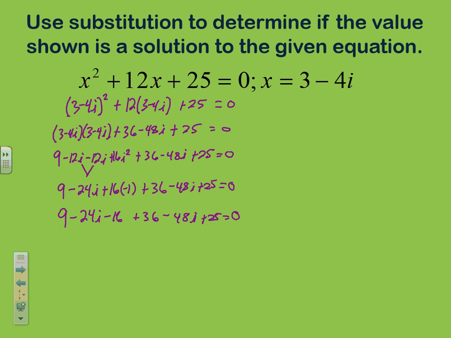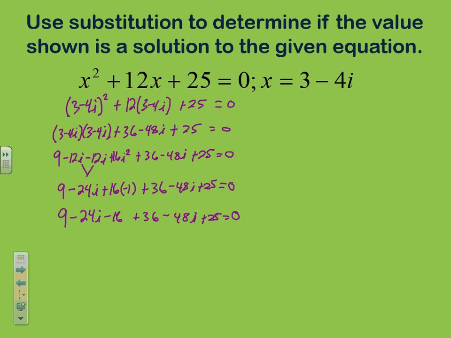The reason I'm not combining any like terms in the meantime is simply because I want everything in its simplified form before I combine like terms. You're welcome to start combining, say, the 9, the 36, and the 25 as like terms if you want to. Personally, I just prefer to simplify everything before I combine like terms, just to make sure I don't miss anything.